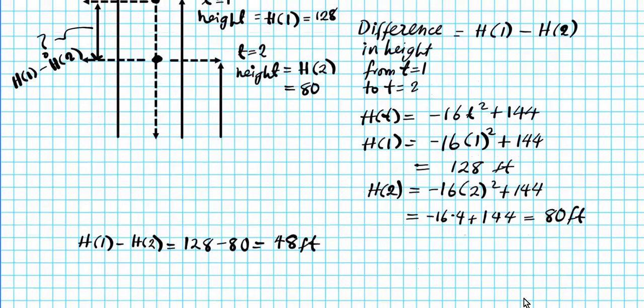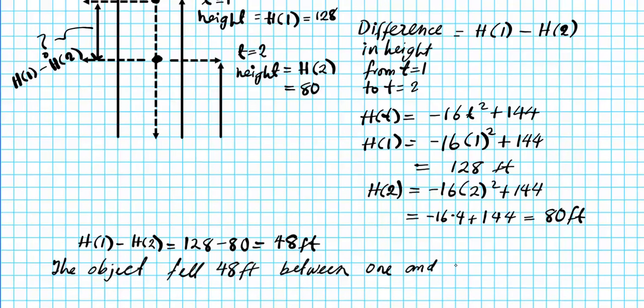Okay, so let's write down our answer in a sentence, although the problem doesn't ask for it, but let's just write it down so that you understand exactly what we just found. Okay, so the object fell 48 feet between 1 and 2 seconds after it was dropped.